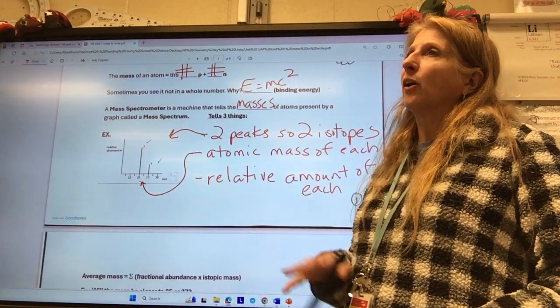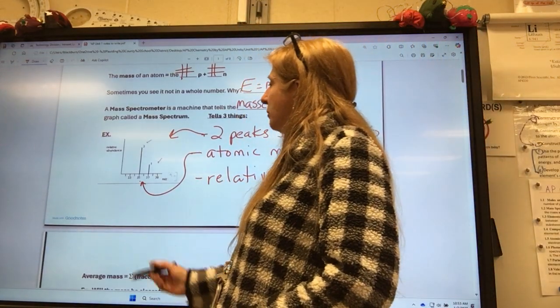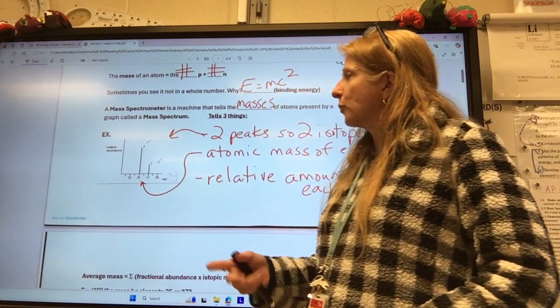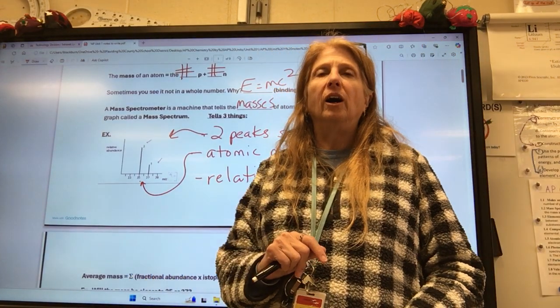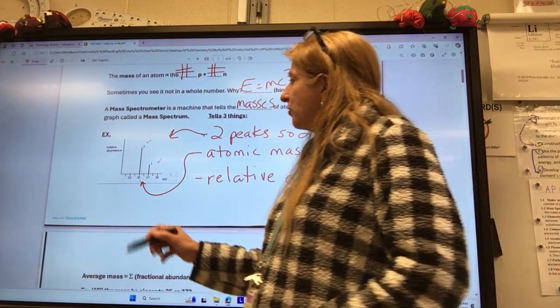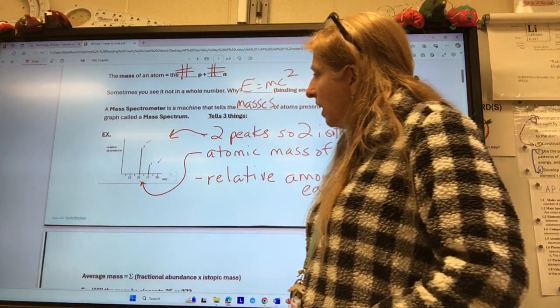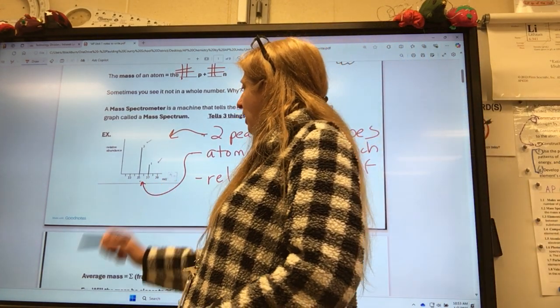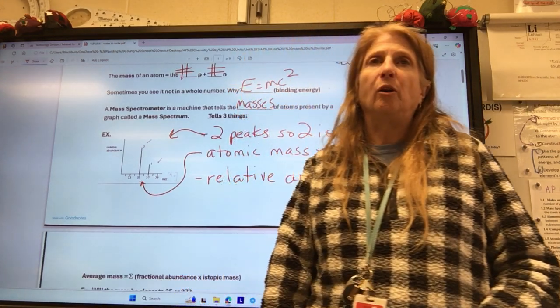So if we were going to tell the percent composition of this element, what percent would 3 times as much translate to? 75%. So we have 75% isotope 35 and 25% isotope 37.